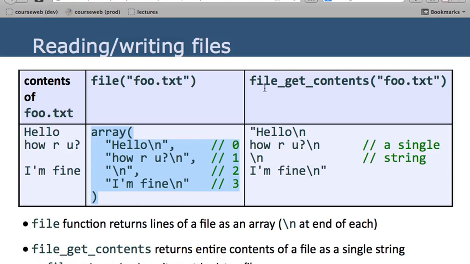The file_get_contents function returns the entire contents of a file as a single string. If you want to split it up into lines, you'll have to do that manually yourself. And then file_put_contents accepts a string and outputs that string into that file.